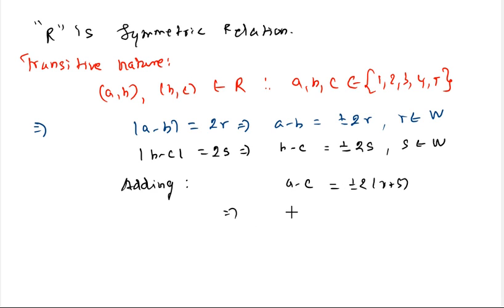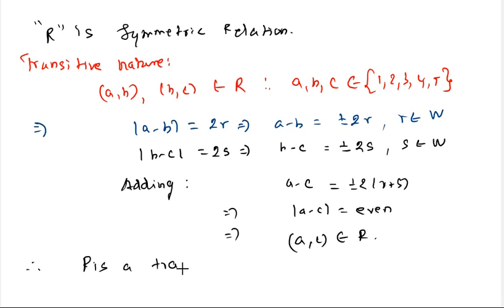This implies mod of A minus C is an even number, which means (A, C) is also an element of the relation R, and therefore R is a transitive relation.